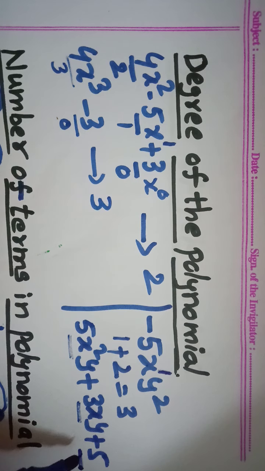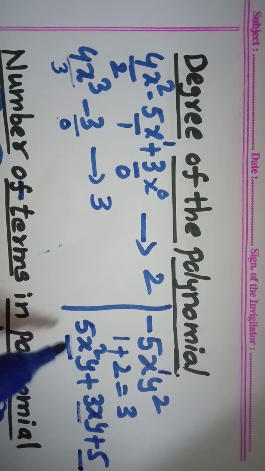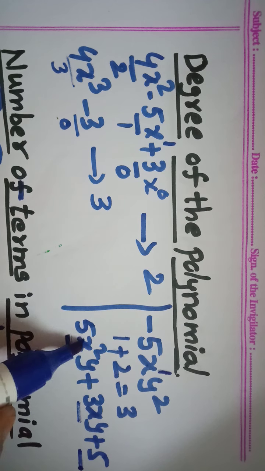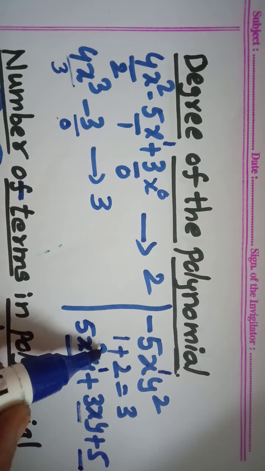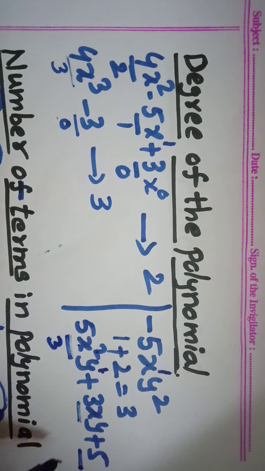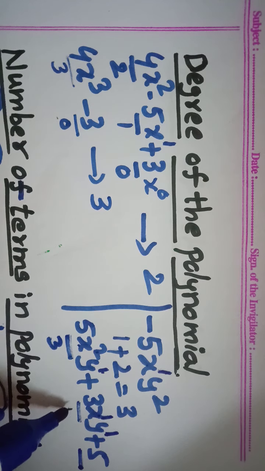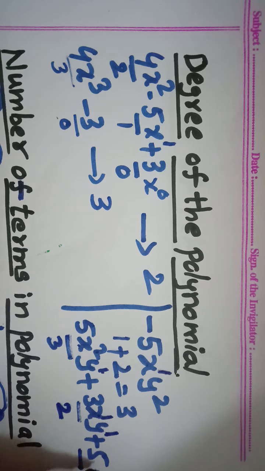In these three terms, first you have to find the degree separately for each term. What is the degree of the first term? x power 2, y power 1. So 2 plus 1, total 3. Here x power 1, y power 1. 1 plus 1, so the degree is 2. Here x power 0, so degree 0.